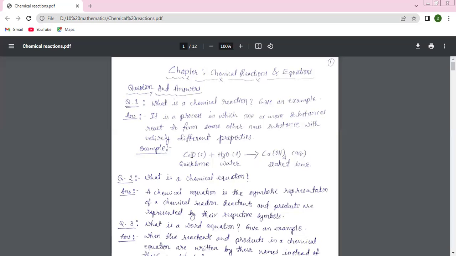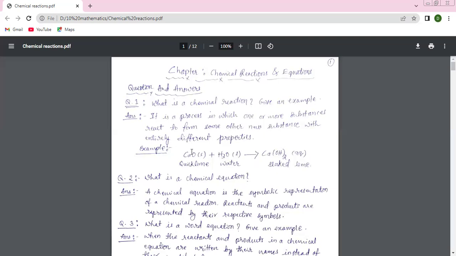And these two substances react together to form the new substance, Ca(OH)2. So this is the new substance formed. It is actually calcium hydroxide, and its general name is slaked lime. It is an aqueous solution.